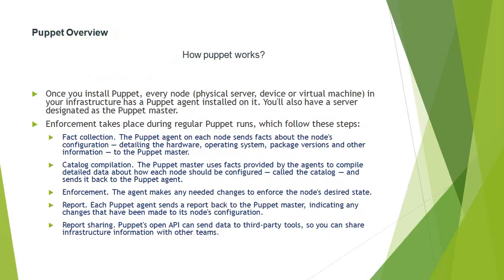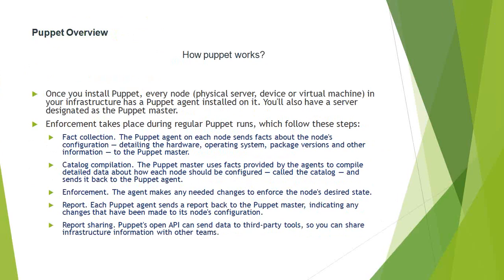Once the Puppet agent is installed on all the nodes that I want to bring under the Puppet master configuration, then Puppet runs, and it mostly has four steps. When Puppet runs, what does it do? The first thing is fact collection. This is a very important and very good idea of a fact.